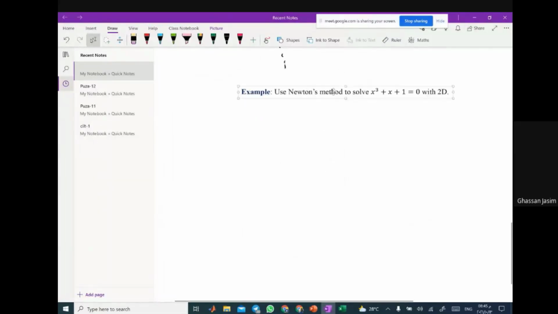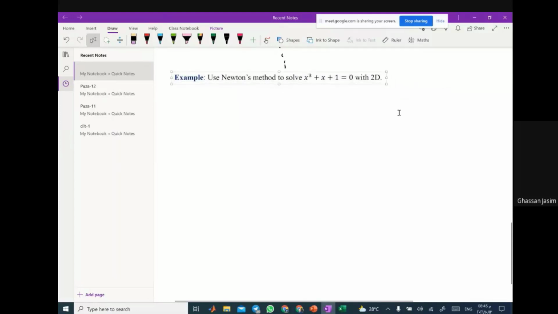Let's solve this step by step. Where is my function? This is my function. F of x equals x cubed plus x plus 1.